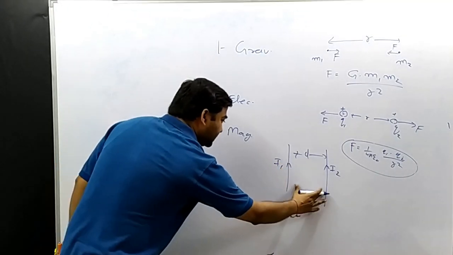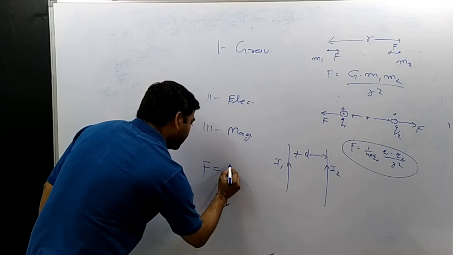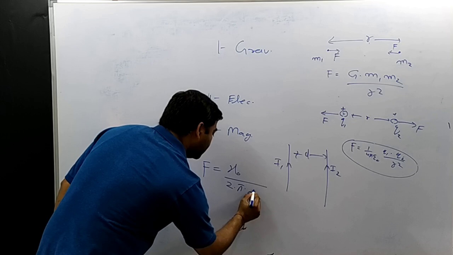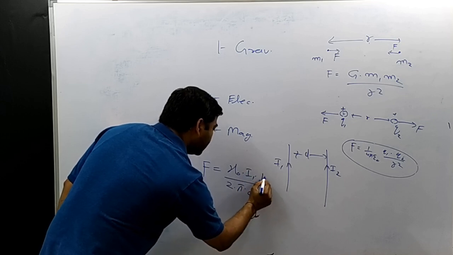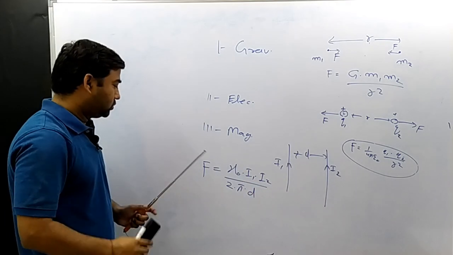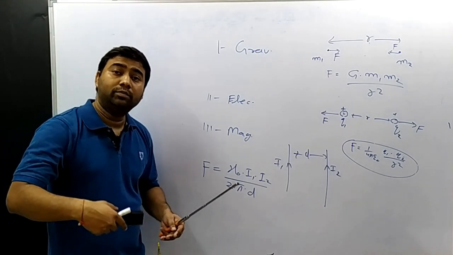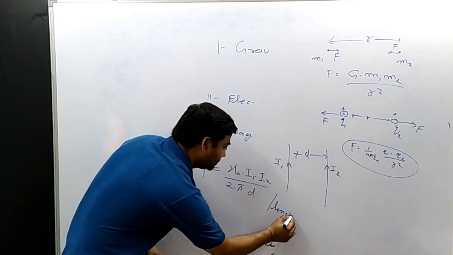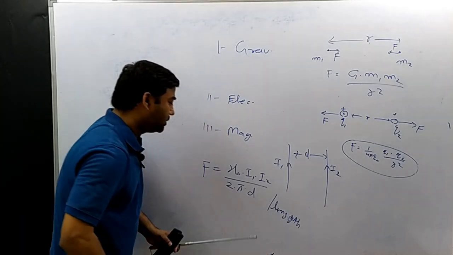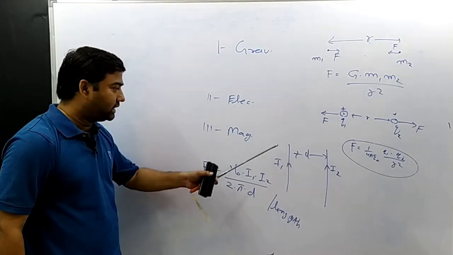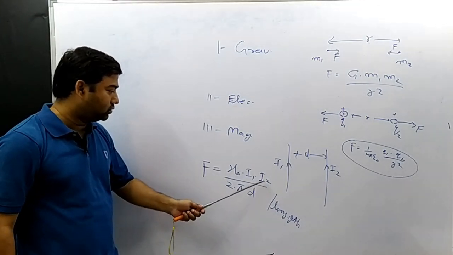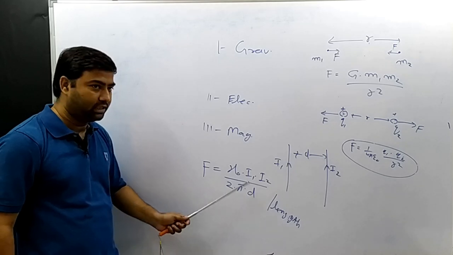The magnetic force between these wires, per unit length, is mu 0 I1 I2 by 2 pi d.